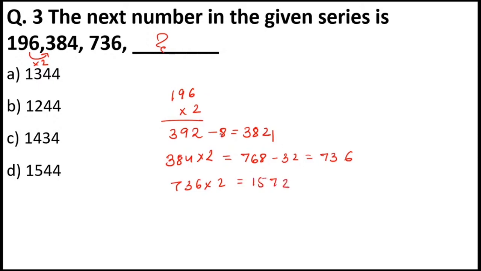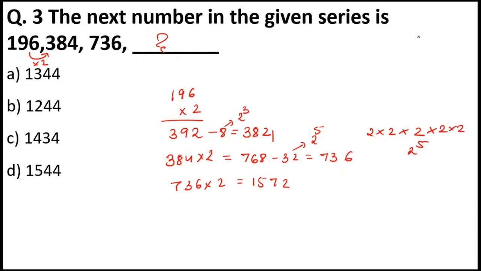If you look at these numbers, what can we say about 8? 8 is the cube of 2. And 32 is 2 to the power of 5, that is, 2 into 2 into 2 into 2 into 2. When you write 2 five times, we call it 2 to the power of 5.